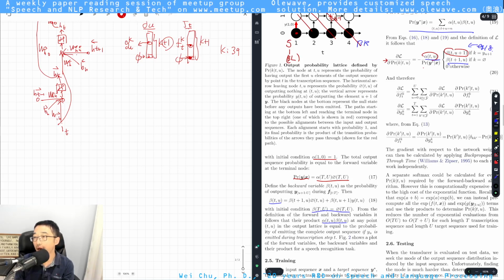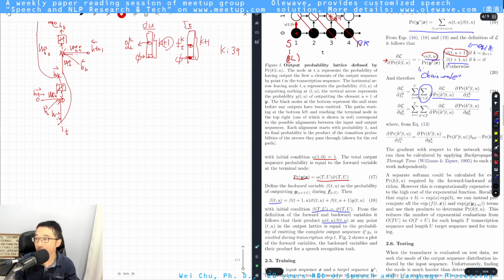And then by applying the chain rule, okay, if you don't know how to get this, check the chain rule of taking derivatives. Then you get this, right? And this is the chain rule, okay, easy to understand. And this is the summation over all the possible k's.